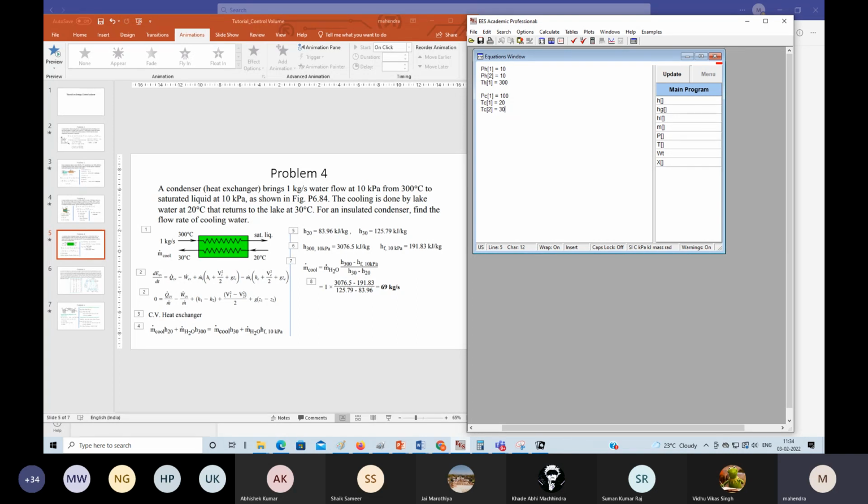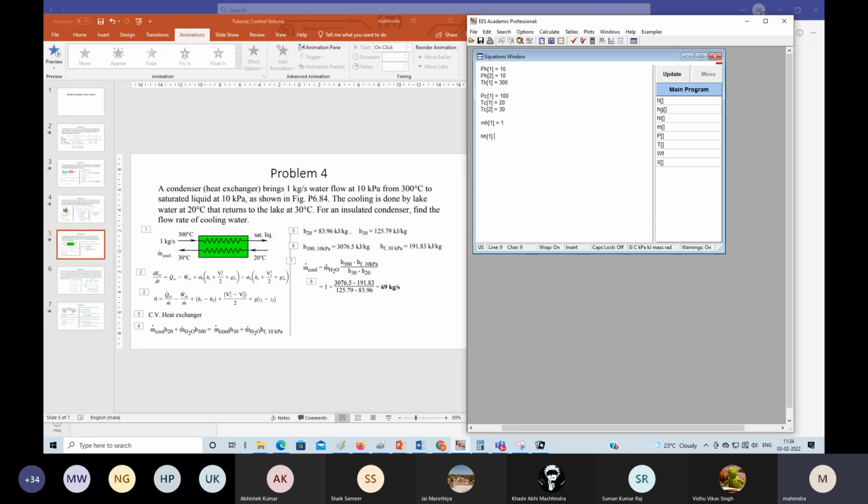Fine. Then M1, let us consider it as M hot fluid, equals how much? 1 kg they have given. So then enthalpy of hot fluid at the inlet can we calculate.